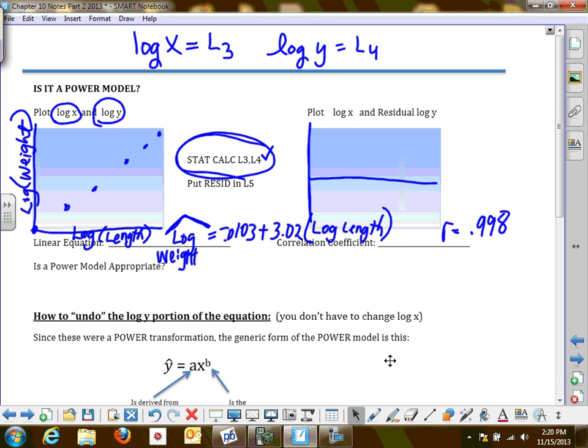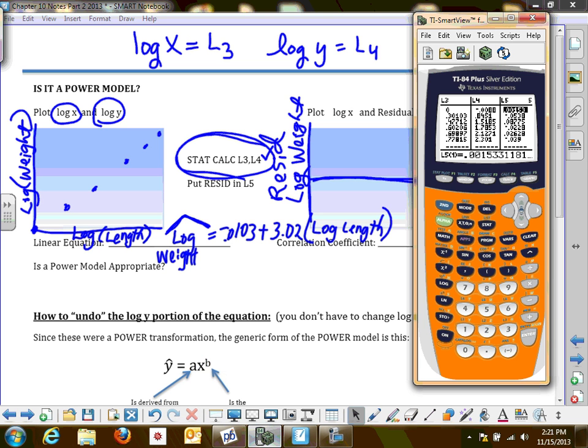Now let's label this. What's going to be on this horizontal axis? Okay, these are the predicted log lengths. No, that's not true. This is the log length axis along here. And on this is, very good, resid of the log weight. All right, so let's take a look at that. To take a look at that, go to my stat plot.